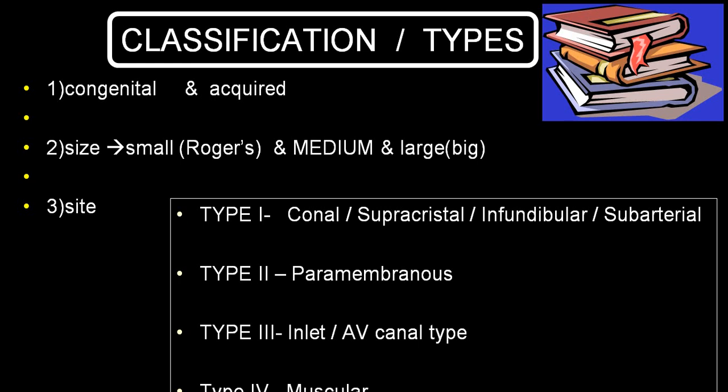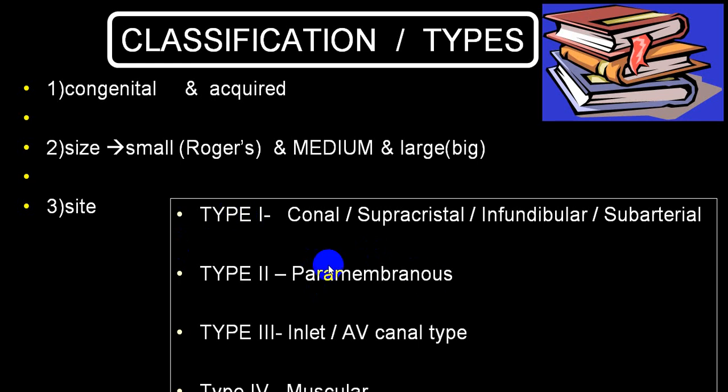Site wise they are divided into groups. Type 1 is usually called infundibular or subarterial or supracrystal or conal. The most common word utilized is infundibular, meaning close to the opening of the pulmonary artery and aorta.